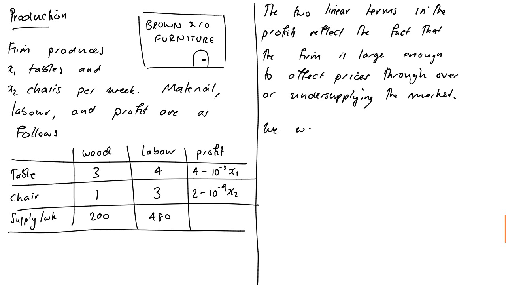So we want to maximize profit or minimize negative profit. So our QP is minimize over x.